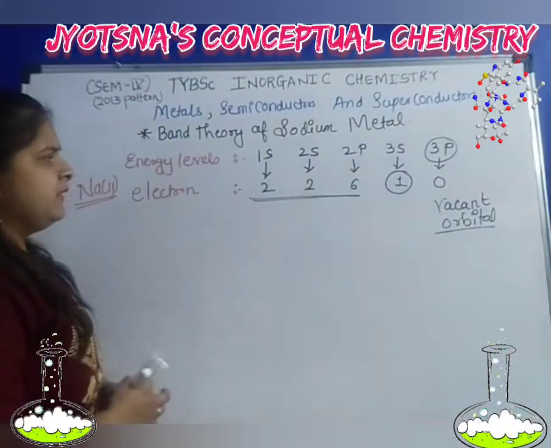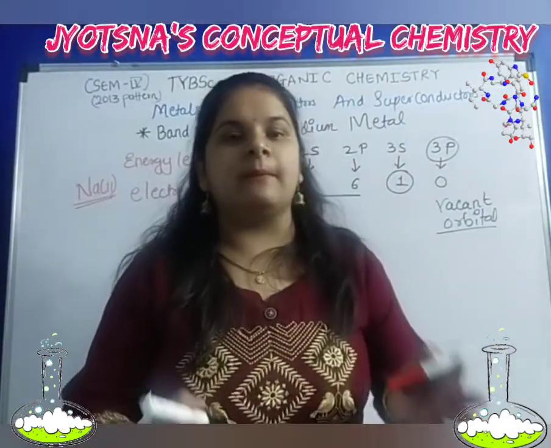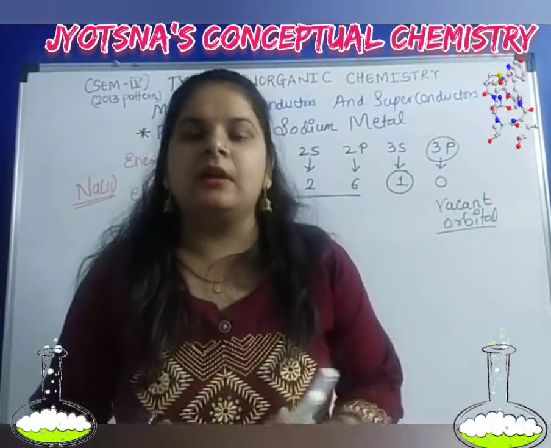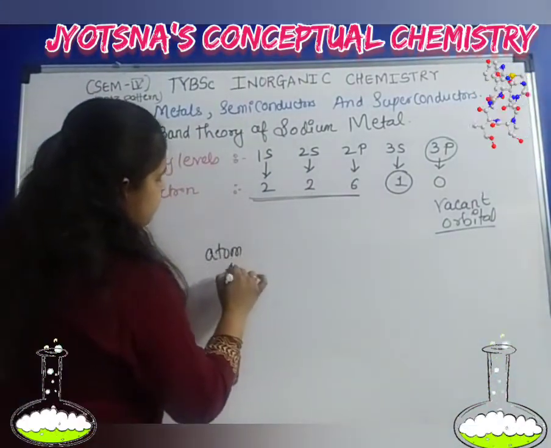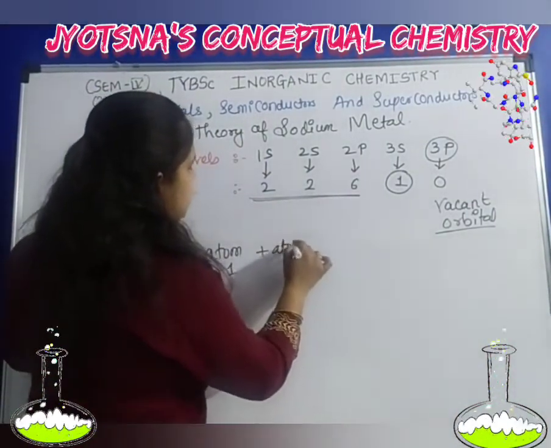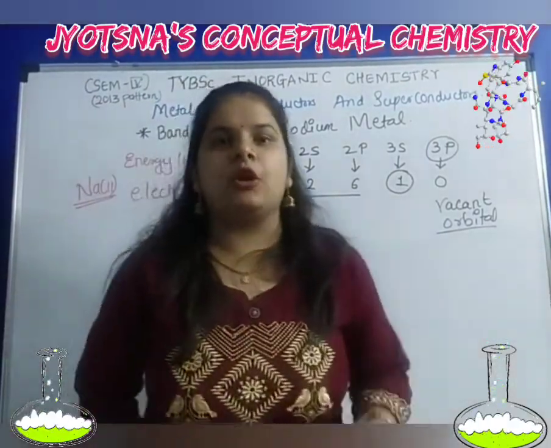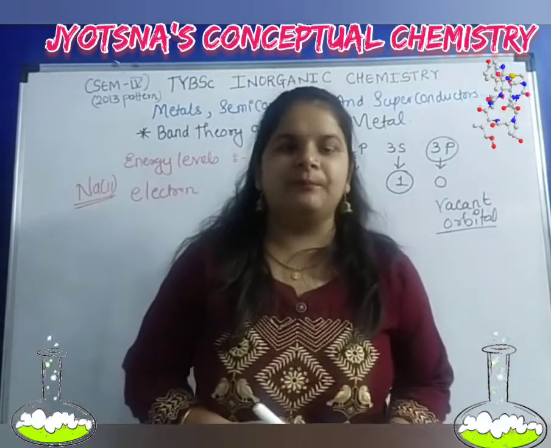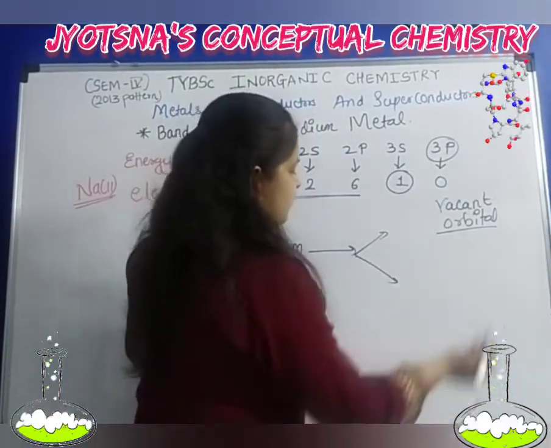Okay, now you know that when one atom combines with another atom, what it forms is a molecular orbital diagram. One is in higher energy, one is in lower energy.